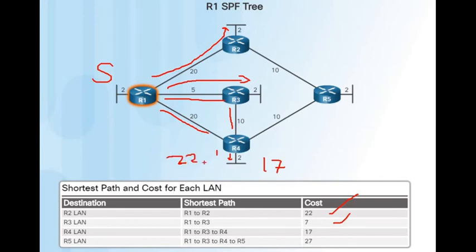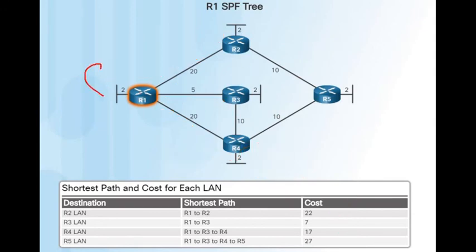If you compare the two paths, 17 is the shortest, so that is written right here. R1 going to R5, how many paths are available? You can either go this way, one available path, and then the other one at the bottom, or you also have this one right here.